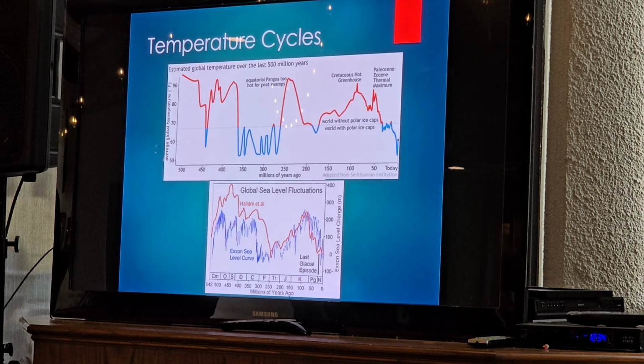So this is kind of the temperature cycles we've seen over the years and how it relates to our sea level change. Again, bottom line says millions of years. What's interesting is we're Pennsylvanian age. You can see that there right in the middle, ranging from about 360 million years ago to 250 million years ago. We went through a very quick sequence of ice ages.